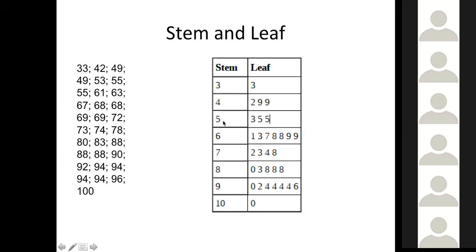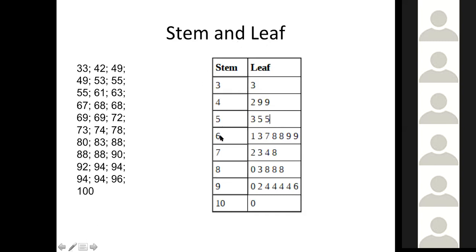And you have also the 50s, 53, 55, 55. So 5, 3, 5, 5 means that you have 3 scores in the 50s. One is 53, the second one is 55, and the third one is 55. This is all we call the stem and leaf.